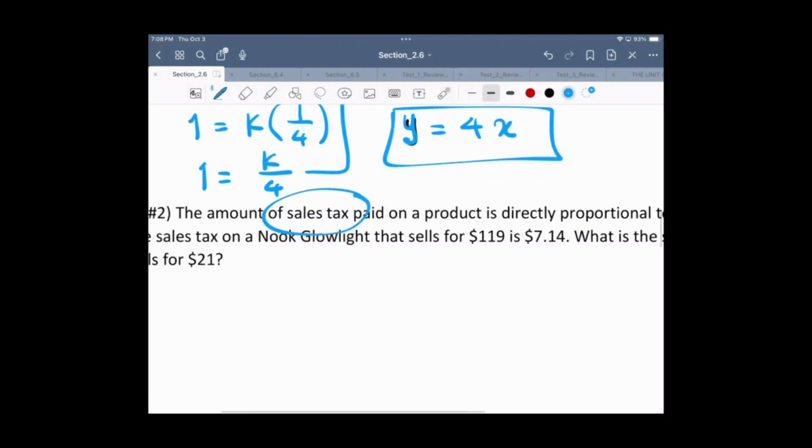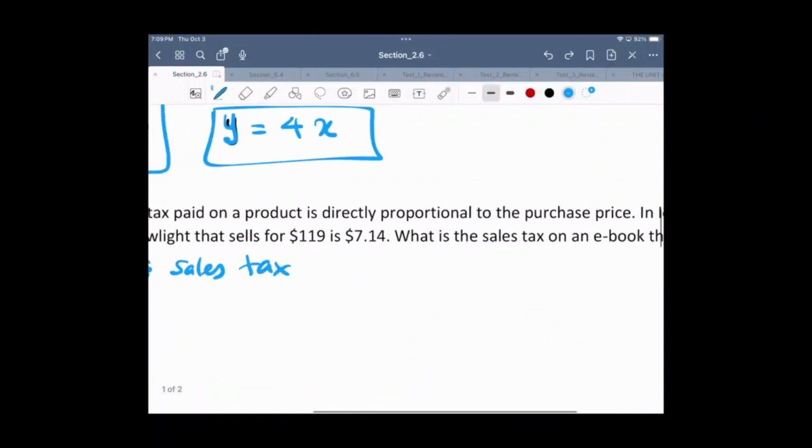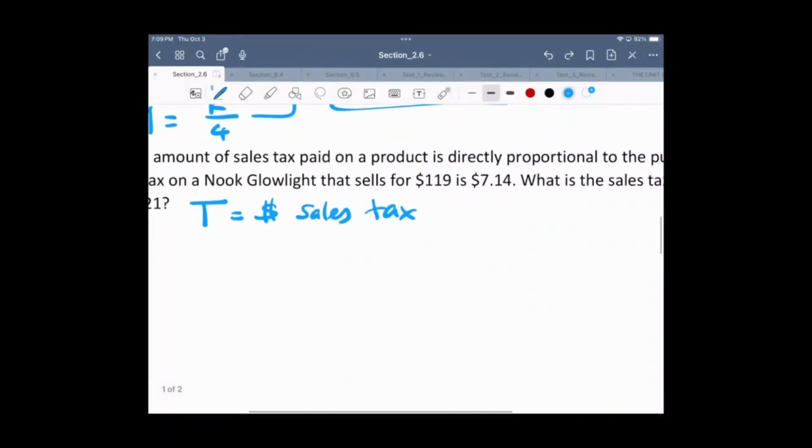Since we're talking about sales tax, I'm going to introduce T to represent dollars of sales tax. And of course, the purchase price is involved, so I'm going to use P to represent dollar amount of the purchase price. Like that.